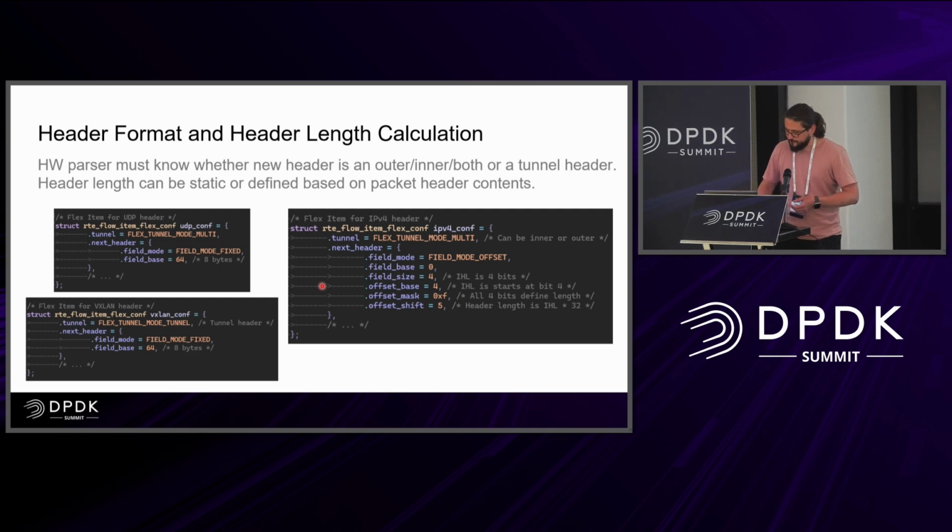In the case of IPv4, we use 0 as the base header value, and we specify using bit offsets the location of the IHL field, the internet header length. We tell it that it's 4 bits in size, and then we need to shift this value by 5, basically implementing the logic defined in the IPv4 header.